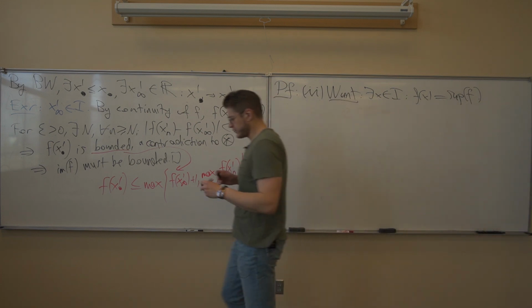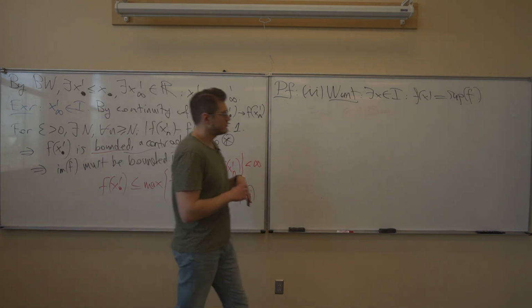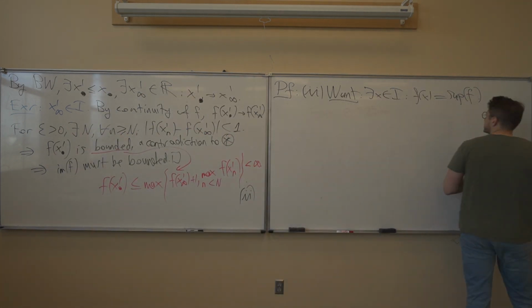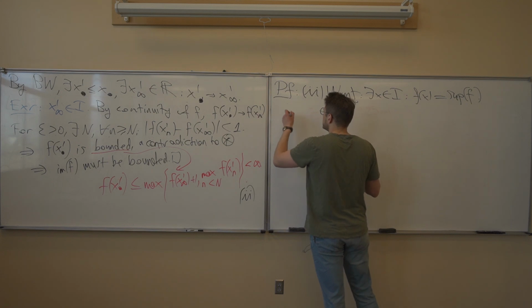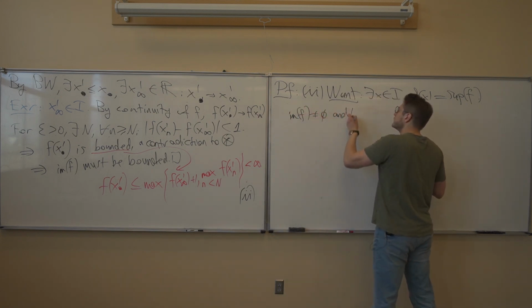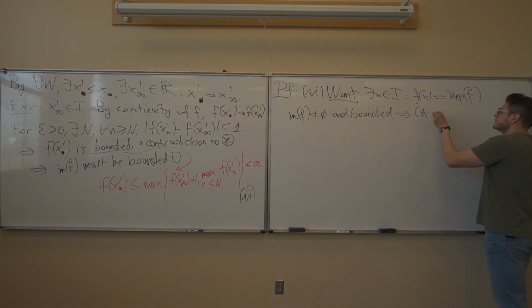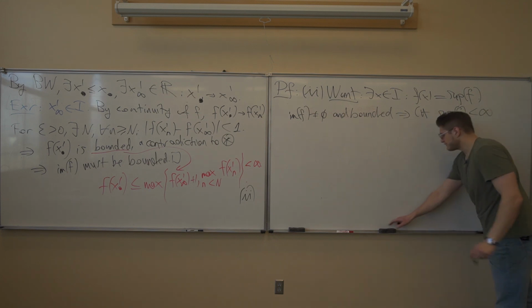Well, let's first note this, okay? Because f is bounded, in other words, the image of f is bounded, and because it is nonempty, by the completeness axiom, sup of f is a finite number.